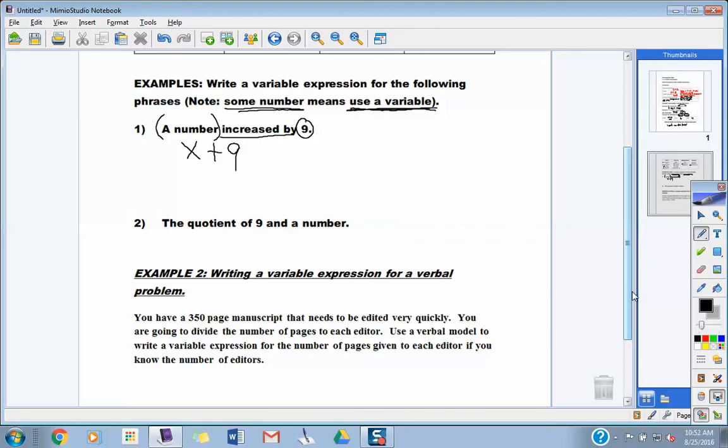What do you think, Nick? X divided by 9. Okay, I want to be very careful on this. How many have x divided by 9? Anybody have anything different than that? Run your name by me again, I've forgotten. Gage, sorry about that. Well, 9 divided by x.